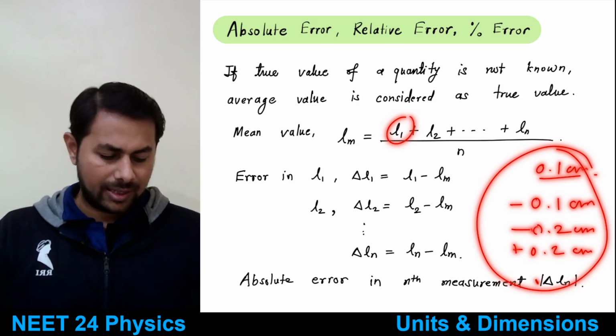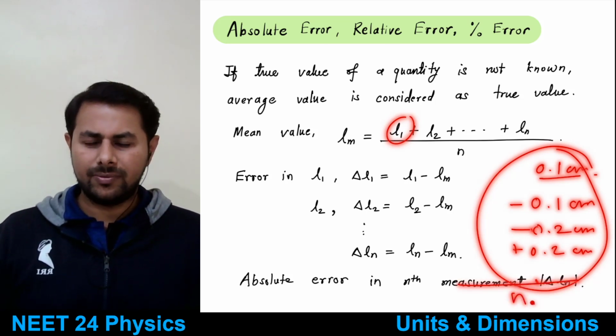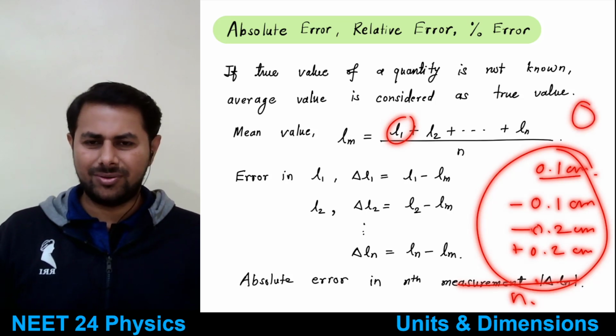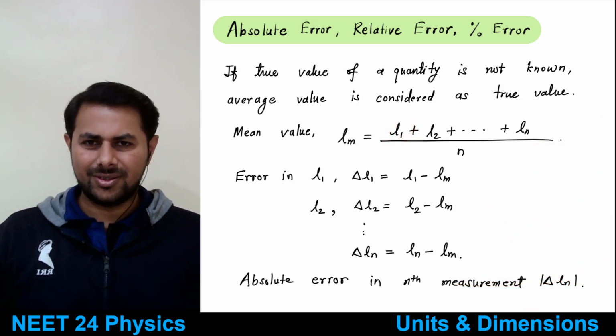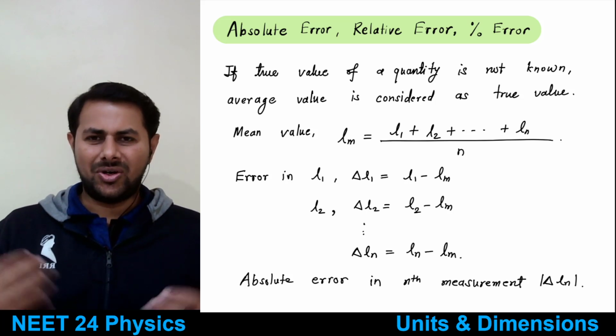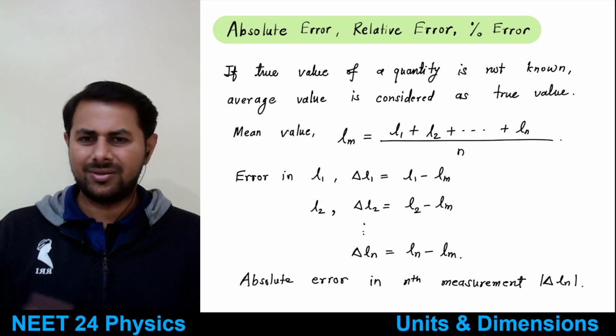If you add it up and divide by n, what will happen? There are chances that it will come out to be equal to 0.